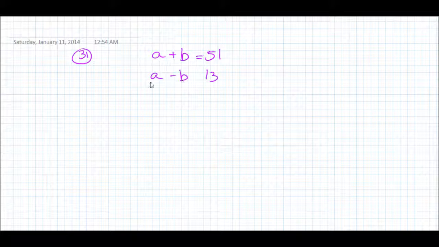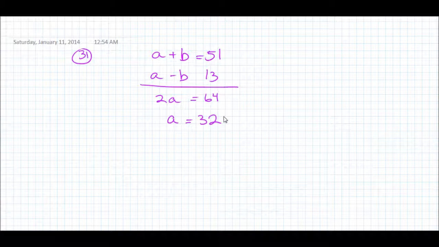31. Find two numbers whose sum, a plus b, is 51, and their difference, a minus b, is 13. So we can add these together and we get 2a equals 64. Divide that by 2, so a equals 32.